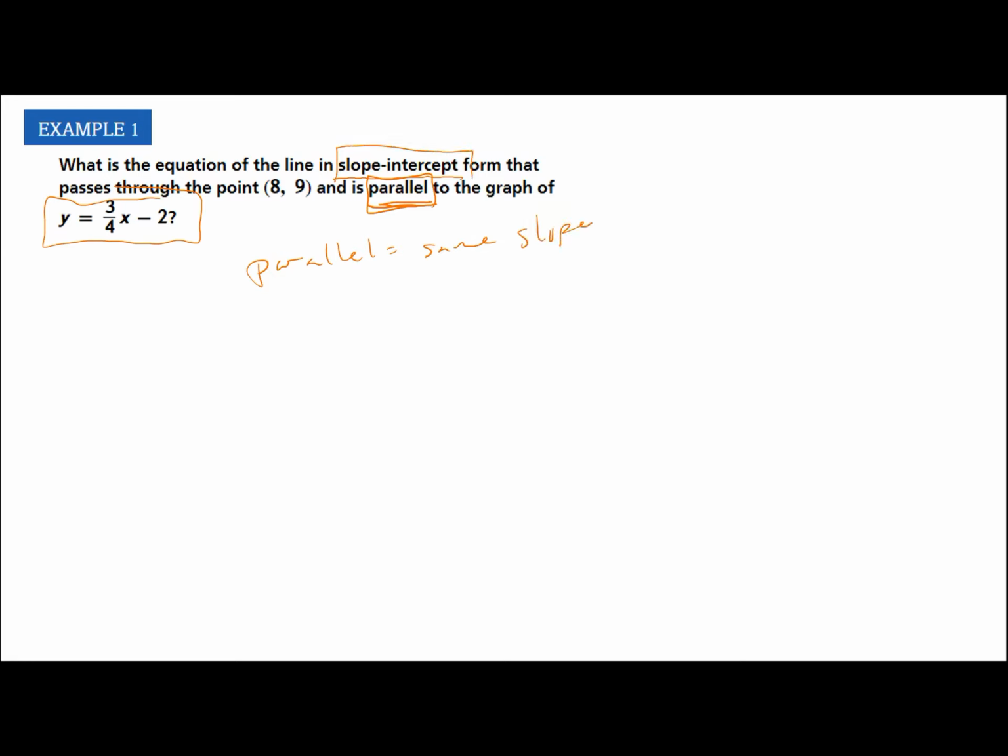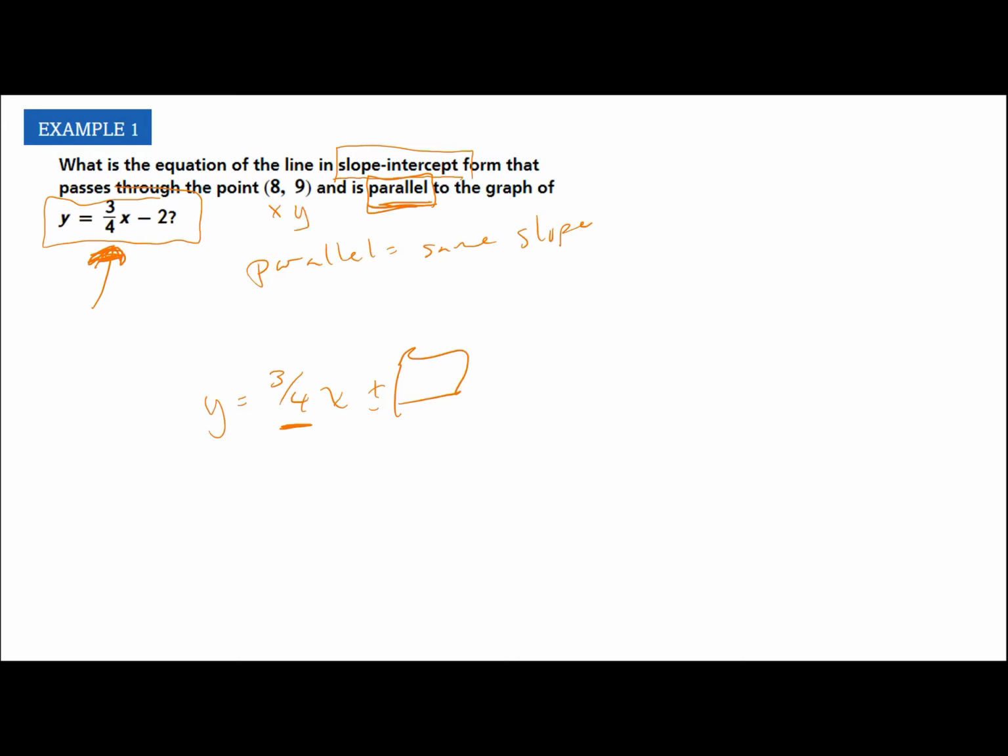So I'm supposed to write a slope-intercept equation, which means I already know that it's y equals 3/4 x plus or minus something. I know it's 3/4 x because it has to be parallel to this line here, which is also a slope of 3/4.